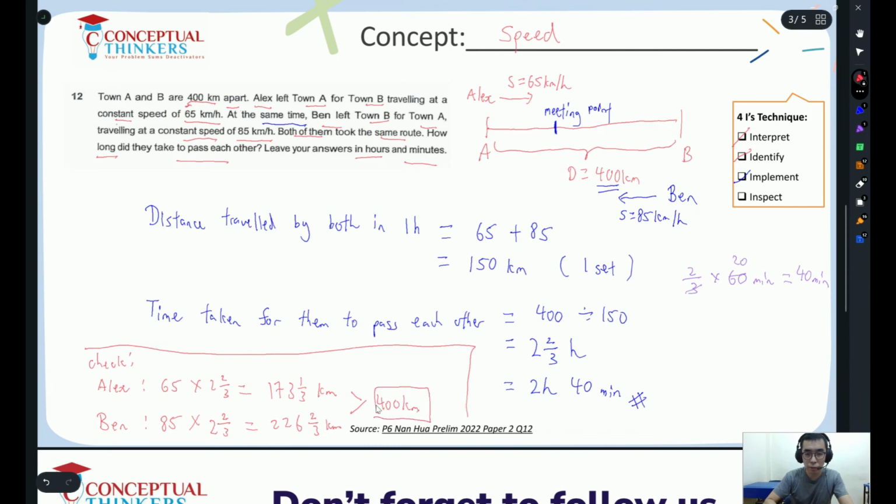So you notice that this 400 actually matches our bigger number 400. So I know that this question definitely will be correct by getting 2 hours and 40 minutes. So that's how I inspect my solution. So I hope that this will explain this question clearly.